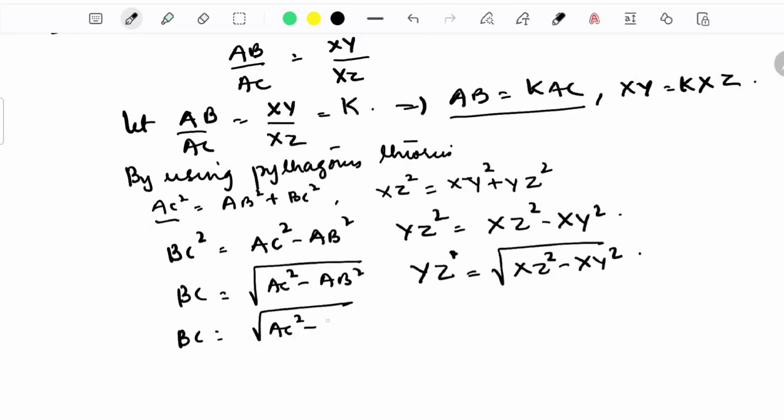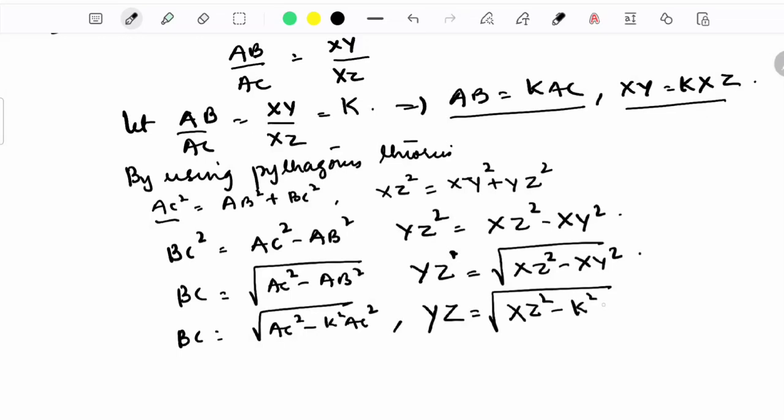Okay. Now you see here we have BC, that is equal to root of AC square minus AB, which I got as k AC, so it will be k square AC square, and YZ will be equal to root of XZ square minus XY, that is k square XZ square. You take it this way.